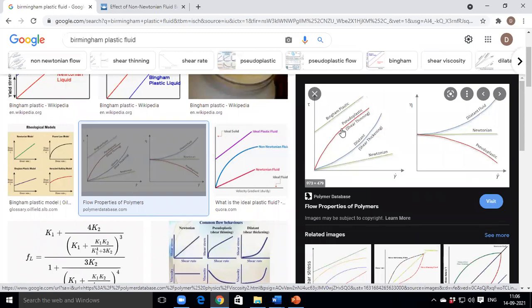See this one here. Sorry, I want to make a correction here.